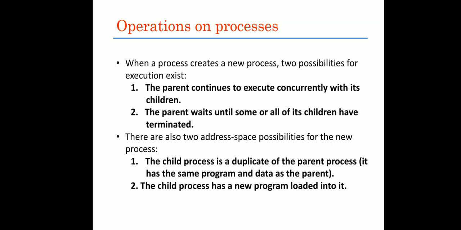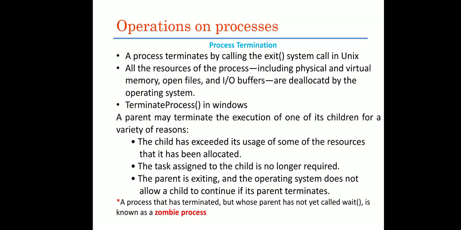Process ID will be different, and the child process can utilize the parent memory space. The second possibility is that the child process has a new program loaded into it. The child process can execute a different program allocated for it, and then it can have a different memory space also.